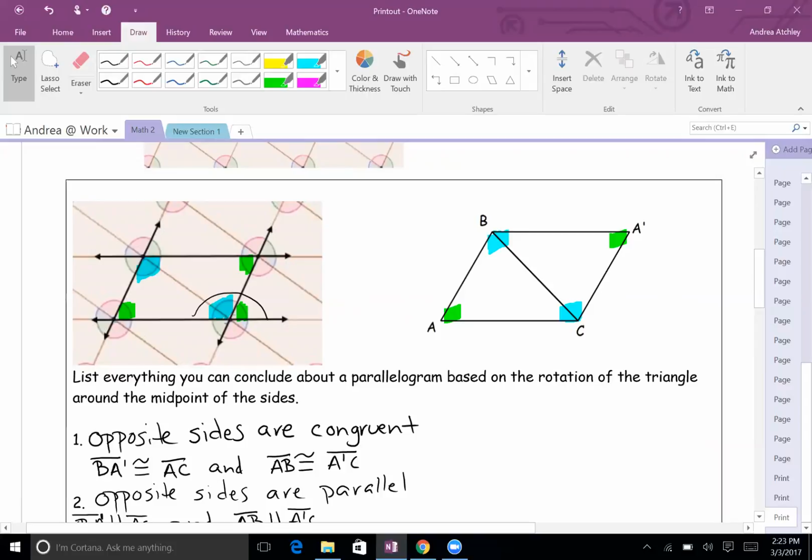This is our red angle here, and these are our blue angles here. So these two are not congruent to each other. Sometimes they can be, but they are not always in a parallelogram. In a rhombus, they are, just so you know.